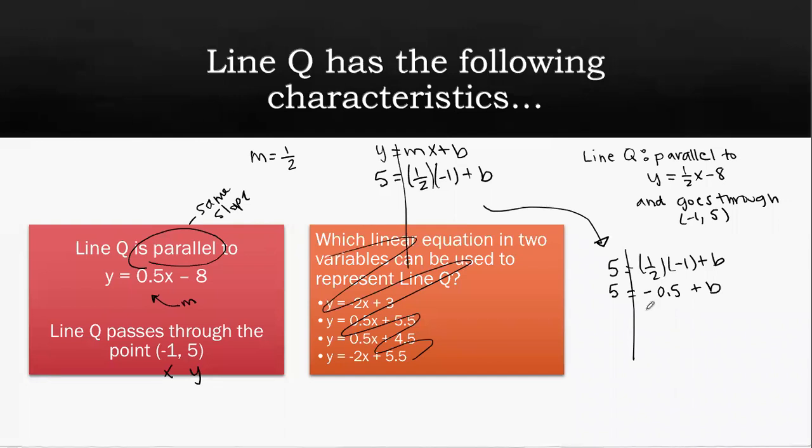Well, it's negative, so what would I do? Add it. So I'm going to add 0.5 to both sides. That gives me 5.5 equals b. And there's my y-intercept. So my equation would be y equals 1/2 x plus 5.5.